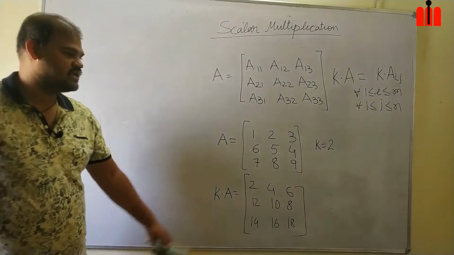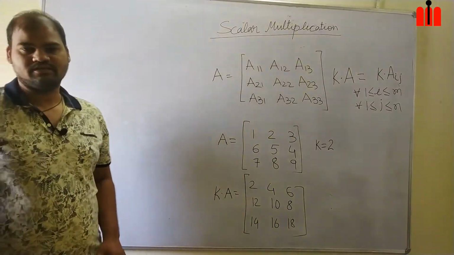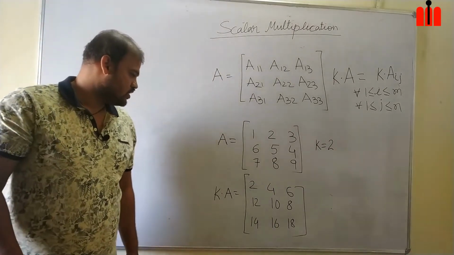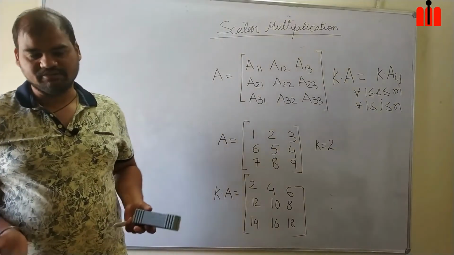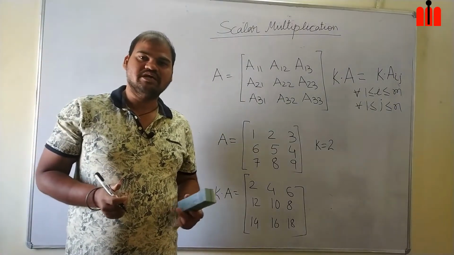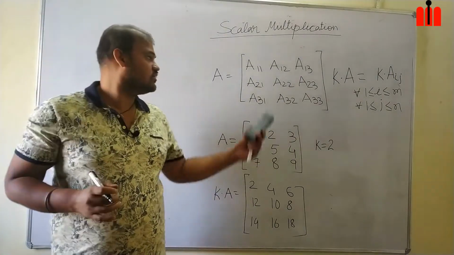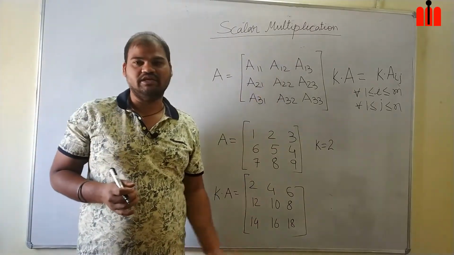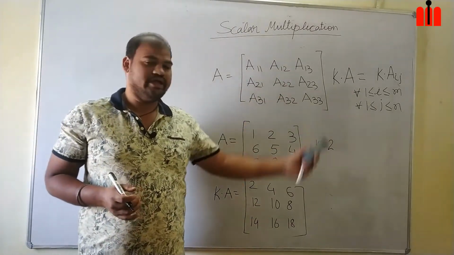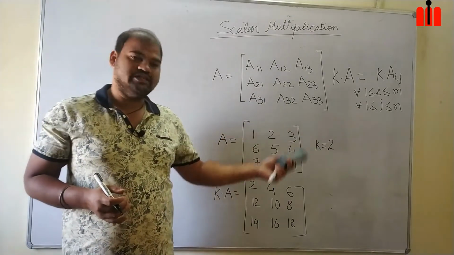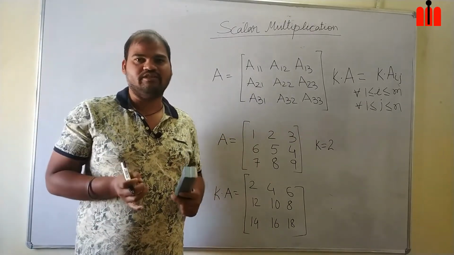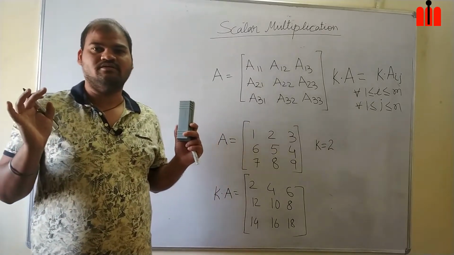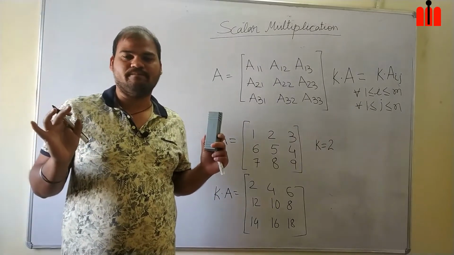This will be my resultant matrix. So what is scalar multiplication? It is the product of each element a11, a12, a13, a21, a22, a23, a31, a32, a33 of the matrix with a number. That number is known as a scalar.